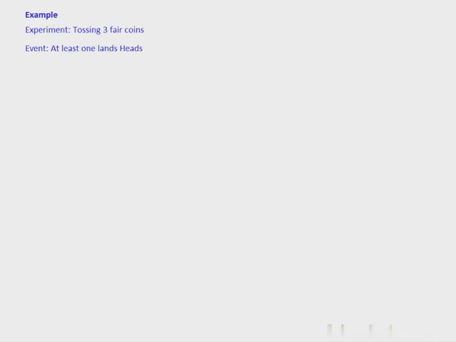So let's go back to an example we saw earlier. The experimenter is tossing 3 fair coins and the event is at least one lands heads. So remember the sample space. The size of the sample space was 8 and the event at least one lands heads. So I've got to list all the outcomes and figure out which of them have, some will have 1 head, some will have 2 heads, and some will have 3 heads. That's a hassle.